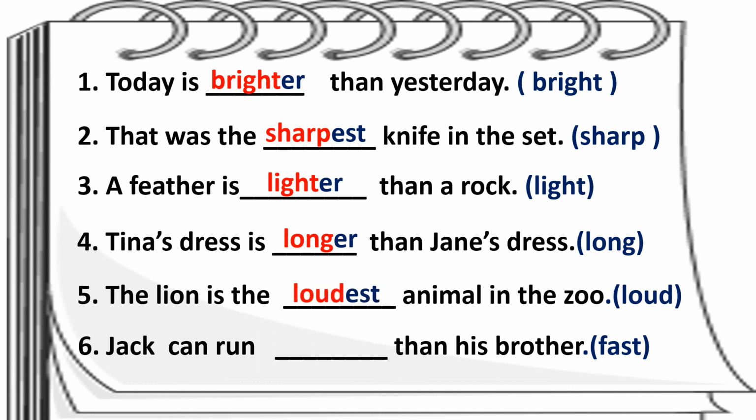Therefore, we say the lion is the loudest animal in the zoo. Jack can run something than his brother. You are comparing Jack with his brother. Therefore, we say Jack can run faster than his brother. So you will check the answers with the ones that you have, and I'm sure that you did a wonderful job.